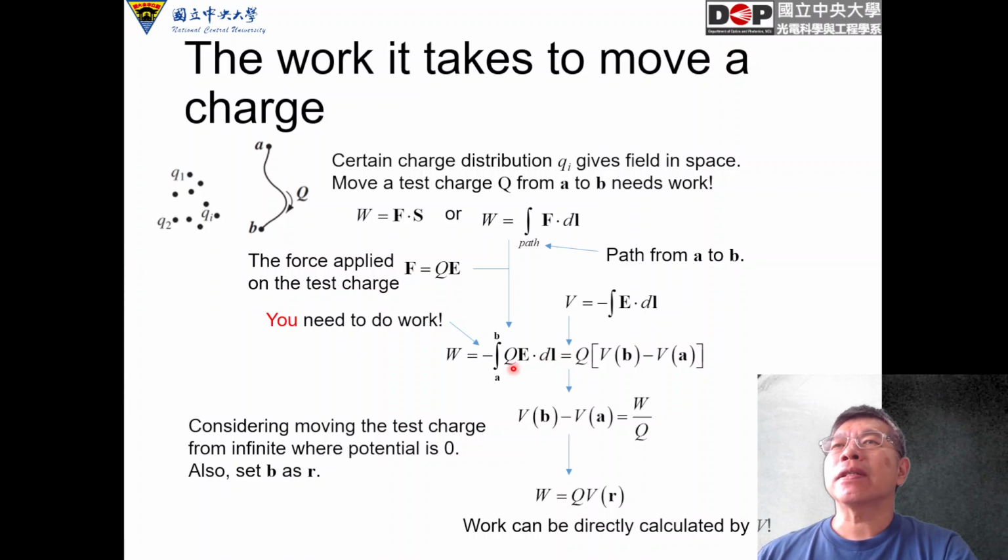Then the electric field is simply the path integral of the electric field with the path. So we get a potential.